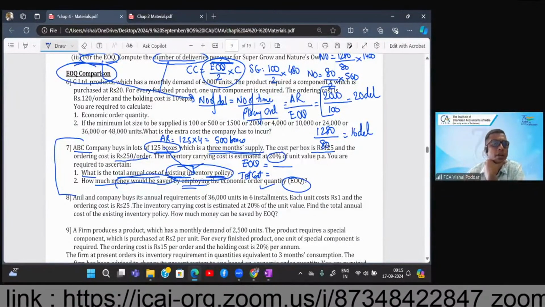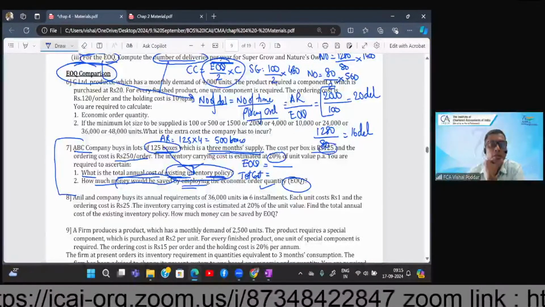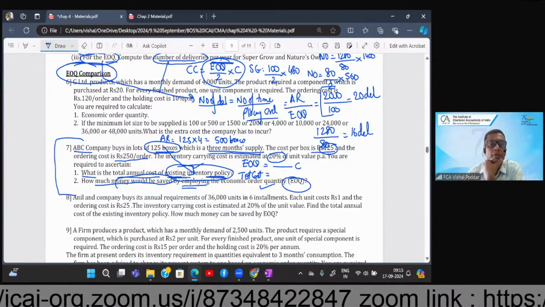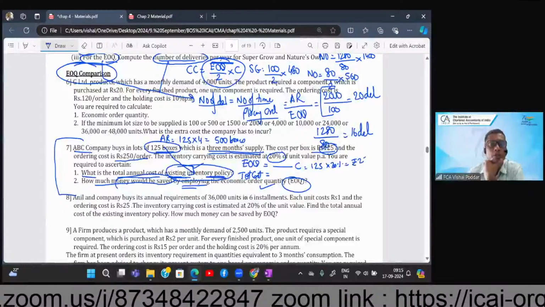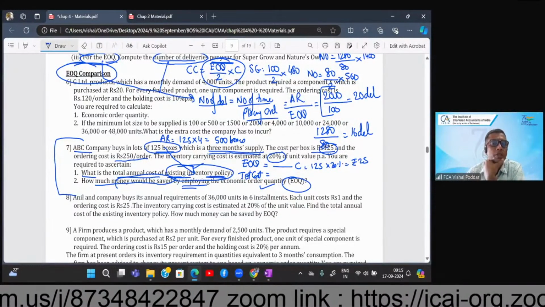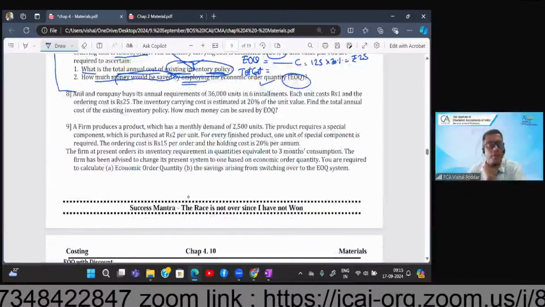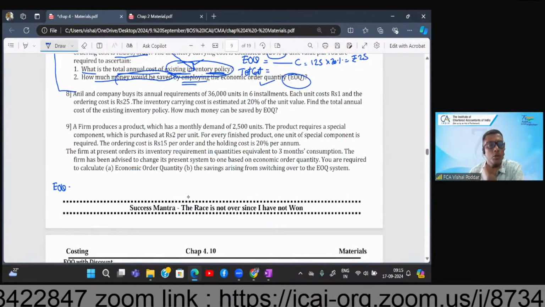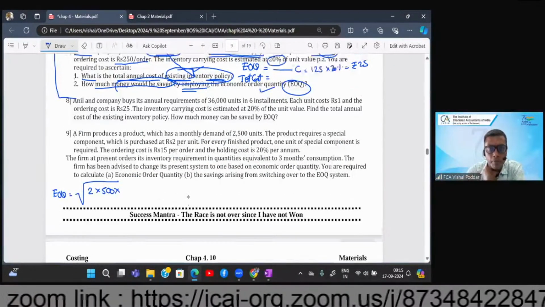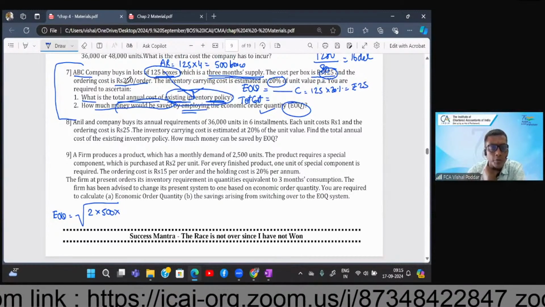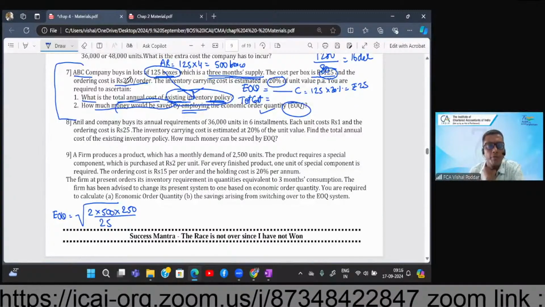Now again, carrying cost is given as a percentage. I had already mentioned whenever it is given as a percentage, it is multiplied by price, the price given is 125. So carrying cost will be 125 into 20% is equal to rupees 25. So your carrying cost is rupees 25. Right? Now with these figures, we find out EOQ, which is under root 2 into 500, which we just calculated, into your ordering cost 250, upon your carrying cost 25.